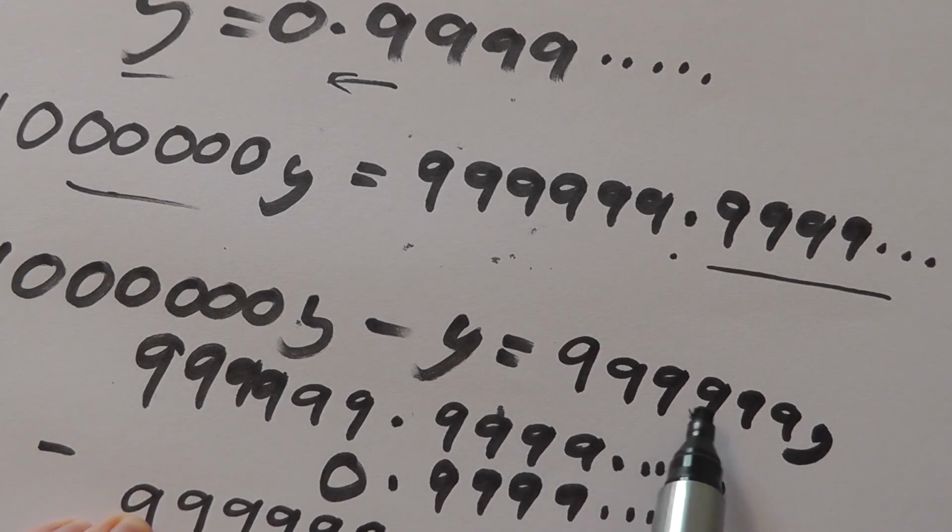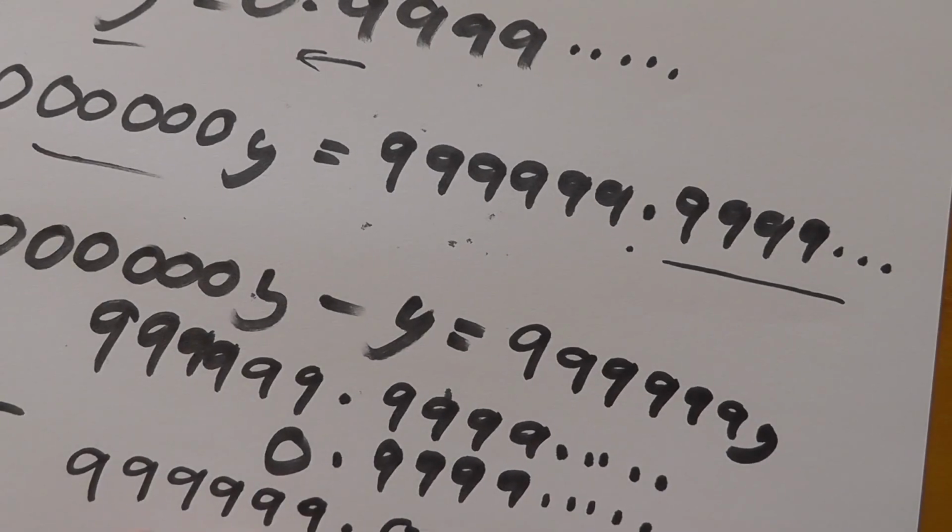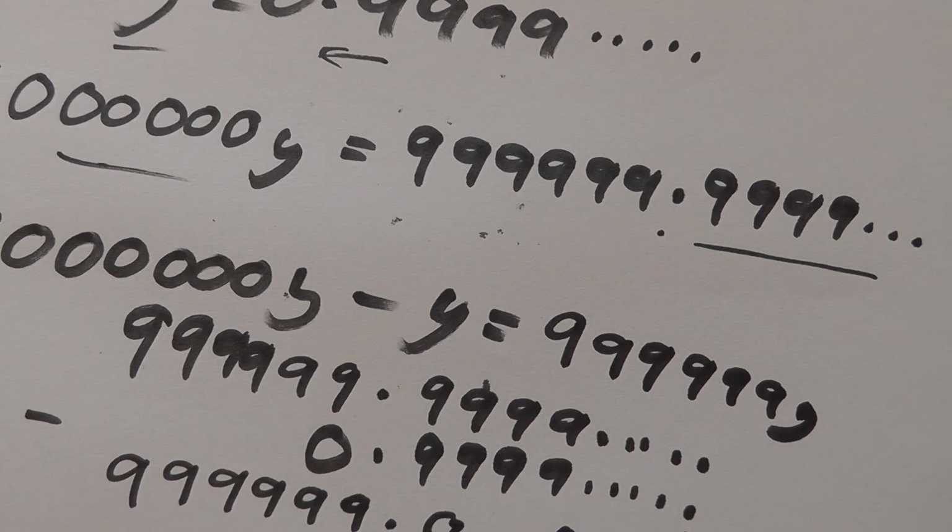So 999999y equals 999999, therefore y equals 1. And that's the special property of recurring numbers and why they don't quite act like you might think they do. There we go.